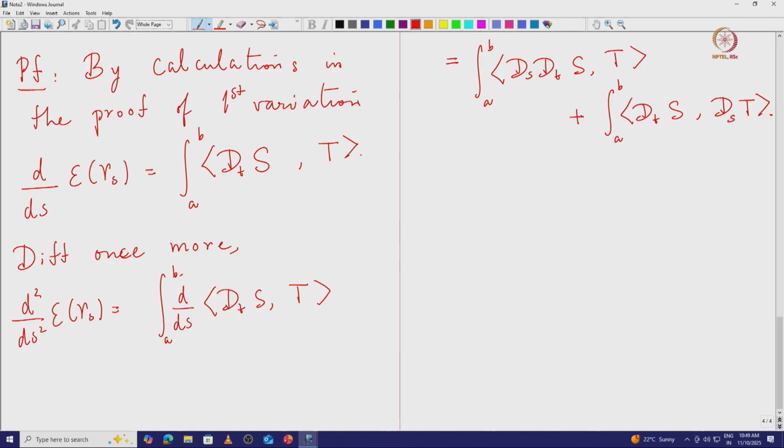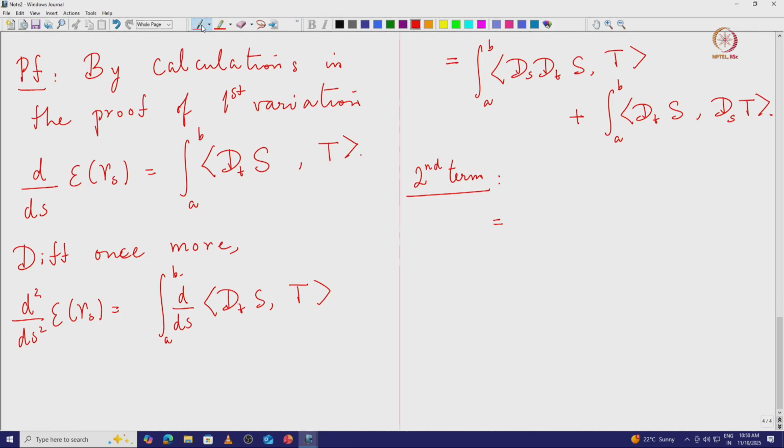Now let us analyze the second term. So the second term has an integrand that looks like this. Sorry, let me look at the other term, right.